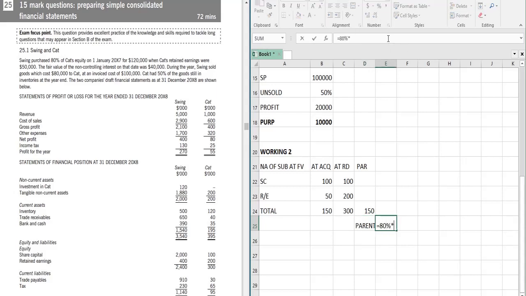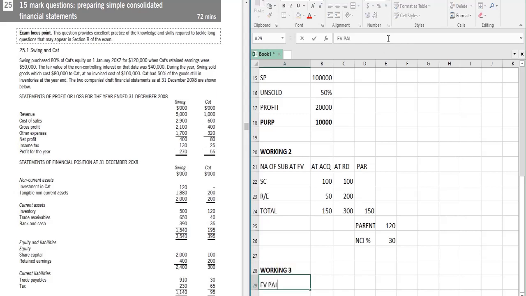So 80% of post acquisition reserve 120, NCI percentage is 20%, so into 150. So we will calculate like this.